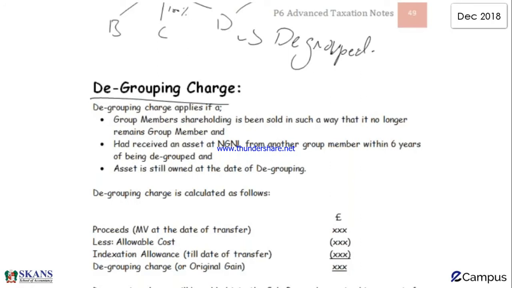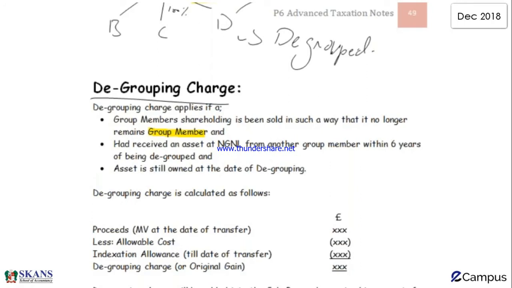So, if a group member's shareholding has been sold in such a way that it no longer remains a group member, over here, if we sell 26% or above, D Limited would not be a member of the capital gains group. And you should check on A Limited, on disposal of D Limited, is any degrouping charge being applied or not?